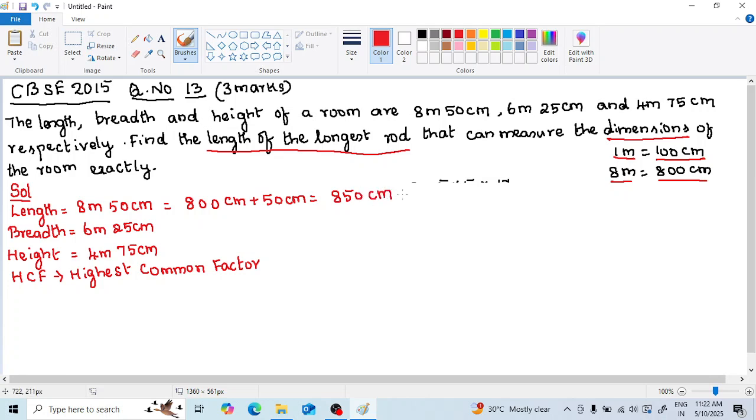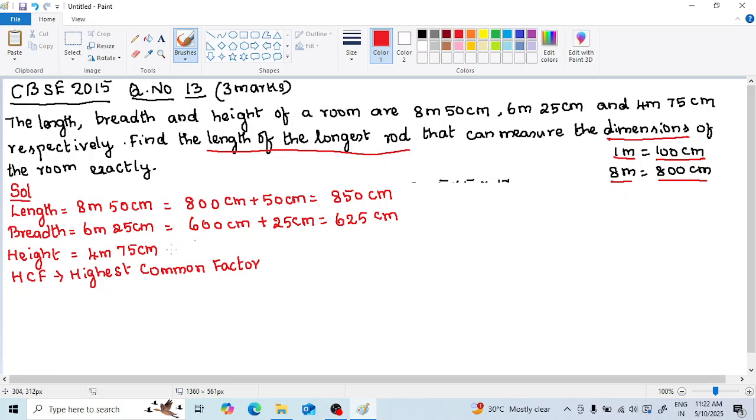We need to bring it in a common unit of centimeter. So here 850 centimeter. Then 6 meter will be 600 centimeter plus 25 centimeter, so the value will be 625 centimeter.